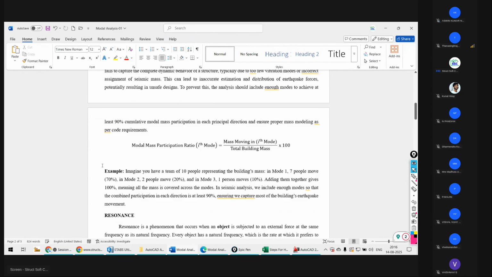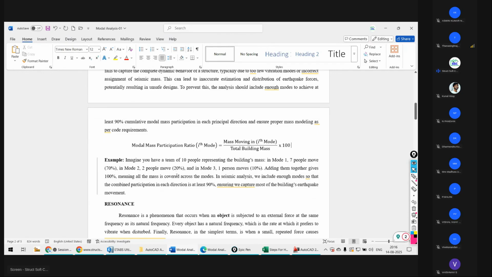Okay, so I have given an example here also. It is similar to the example of your pillars. Imagine you have a team of 10 people representing the building mass. First mode, 7 people move, meaning taking the responsibility, 70% mass participation.